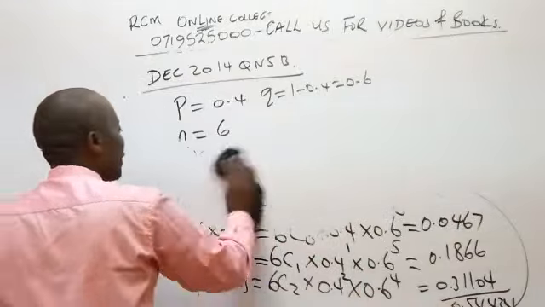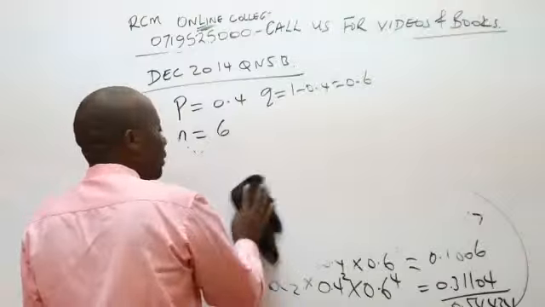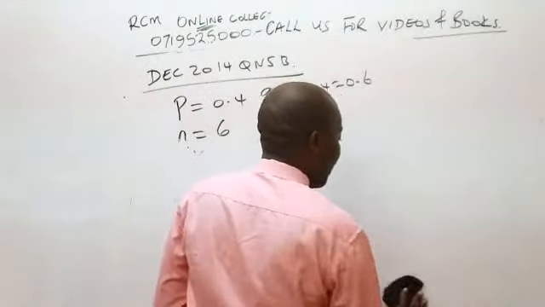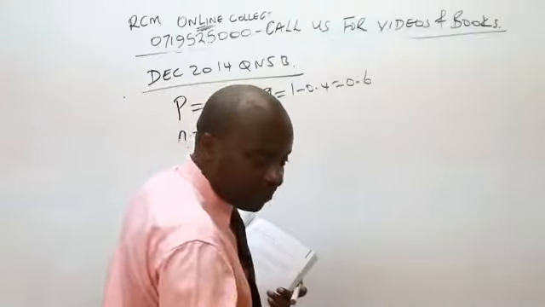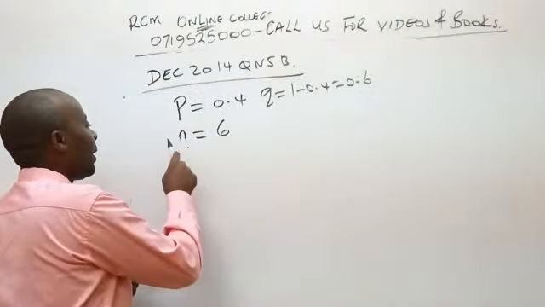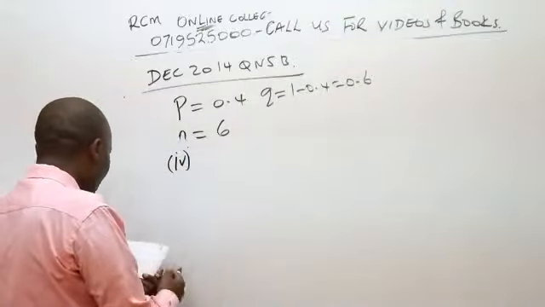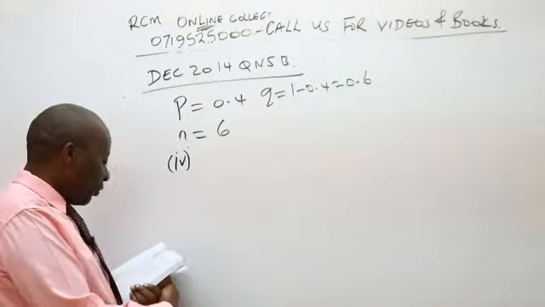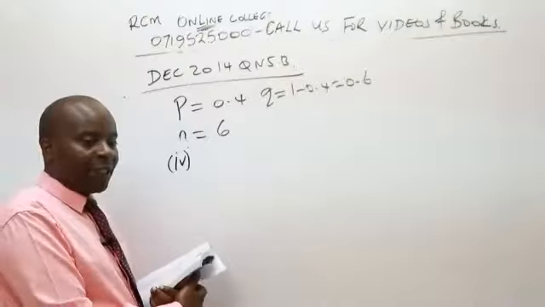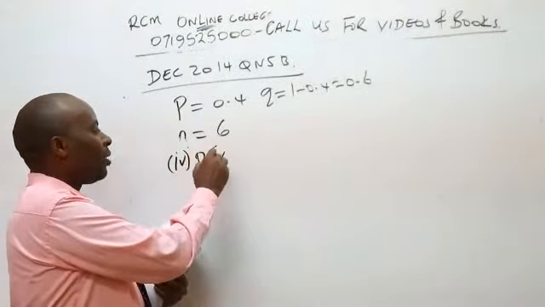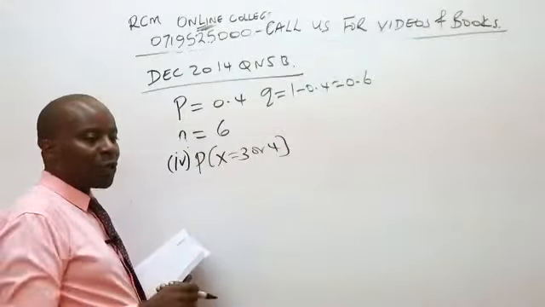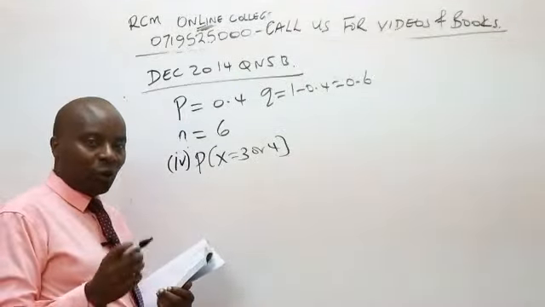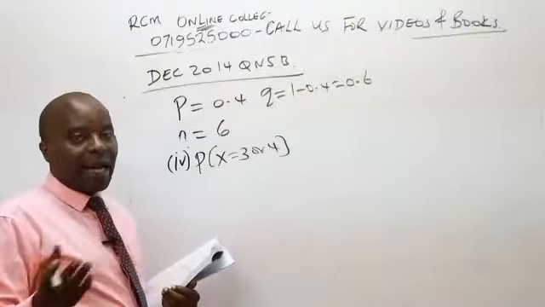The last one, ladies and gentlemen, what do they want us to do? It is quite a simple thing. The last one, which is Roman 4, they want me to give them the probability of 3 or 4 households being affected. So probability of X being equal to 3 or 4. Not a problem. These are very easy. I'll handle them separately, and then I add them up.